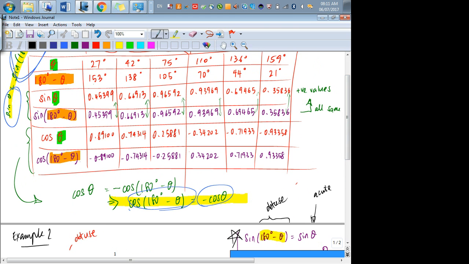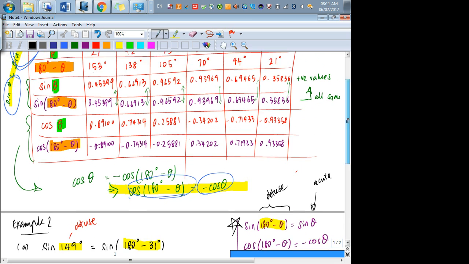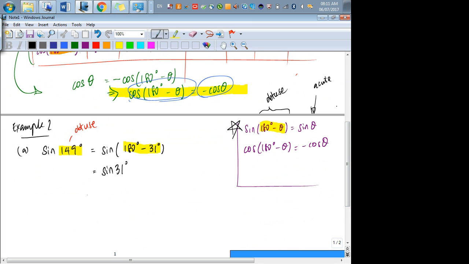All your sine of obtuse angles give you the same value as your sine of acute angle. Okay? So that is what this question is asking us to do, to express this obtuse angle in terms of its acute angle. So we are using this conclusion that we got from the table earlier on. And so sine 180 degrees minus 31 degrees is actually the same answer as sine 31 degrees.